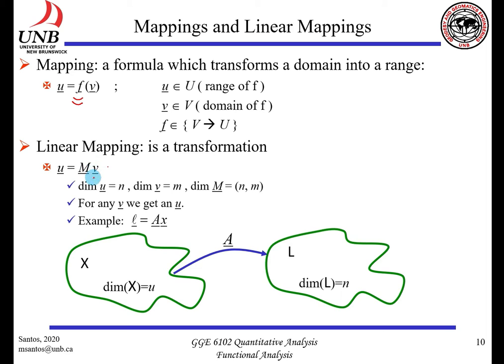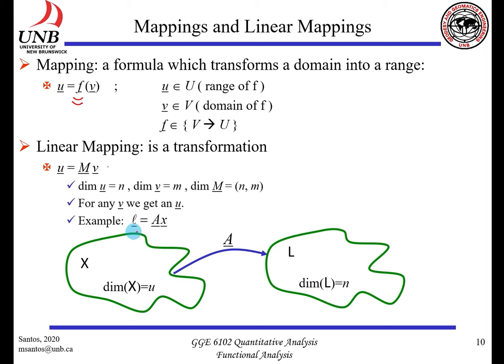We have this vector v from space V, which is transformed to this vector u in the space U. The dimension of u we call n, the number of unknowns. The dimension of v we call m, and the dimension of the matrix is going to be n by m. So for every v we get a vector u.